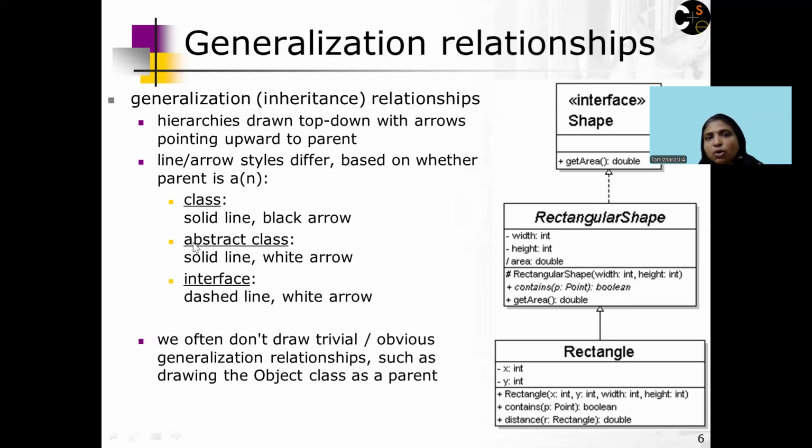You can have a solid line with a black arrow, a solid line with a white arrow, a dashed line with a white arrow. For generalization, if a class is going to inherit an interface, then you use a dashed line. If it is an abstract class, then a solid line with a white arrow. If it is a normal class you are going to associate with another class, then a solid line with a black arrow.